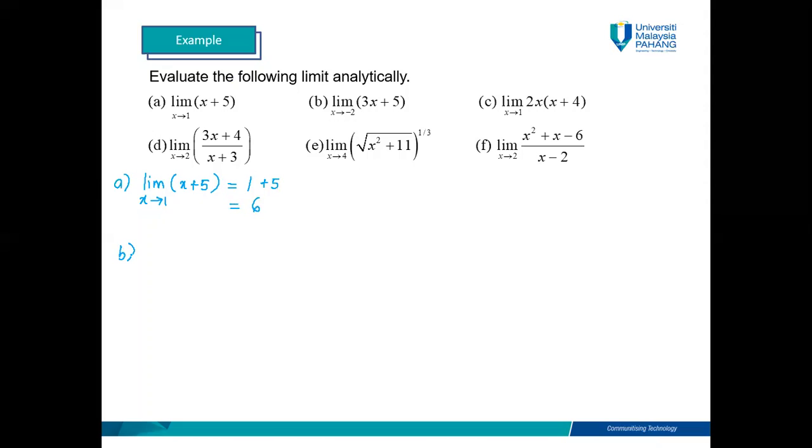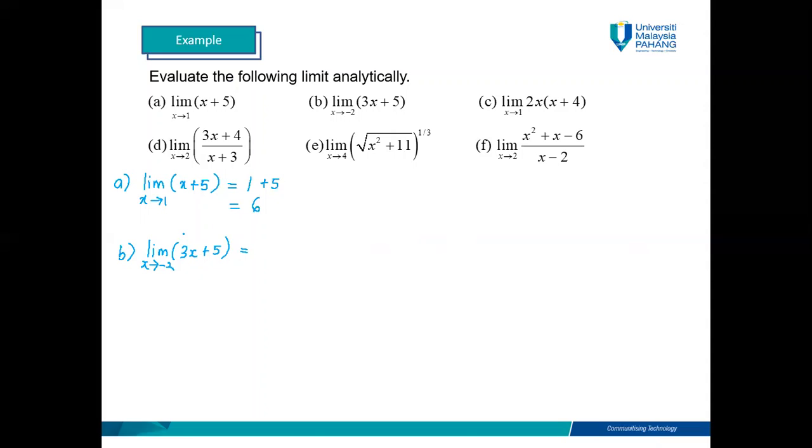Okay, so let's see B, limit of 3x plus 5 when x approaches negative 2. Ini you tak boleh bawa 3 pergi depan lah sebab dia ada plus 5.